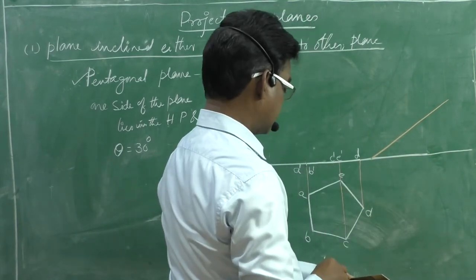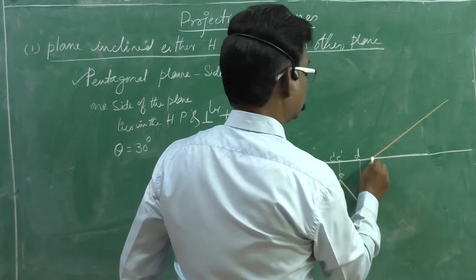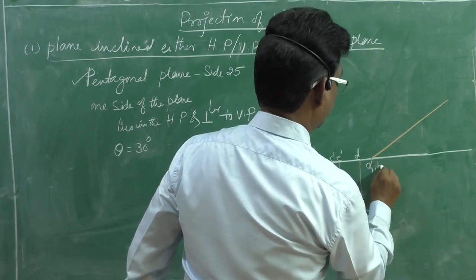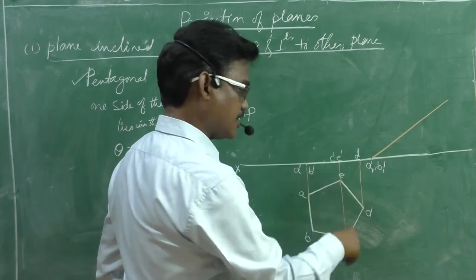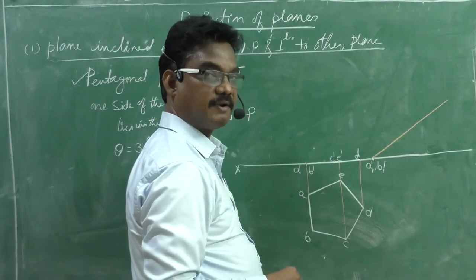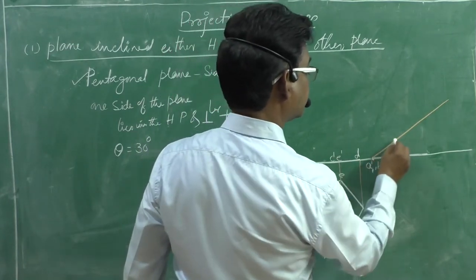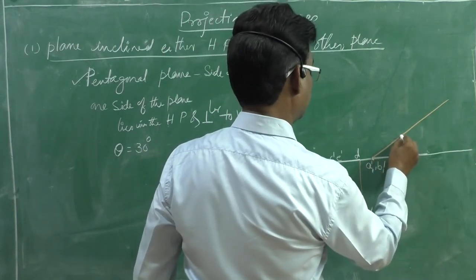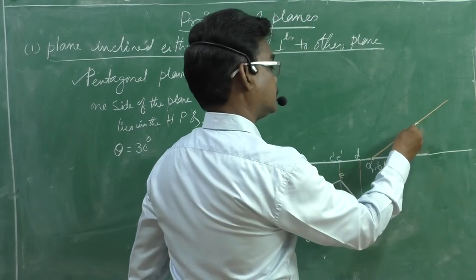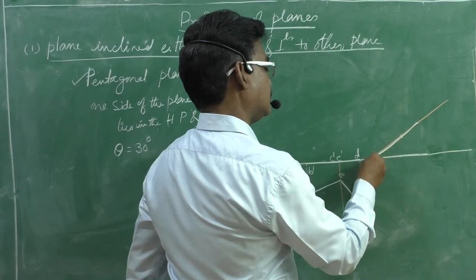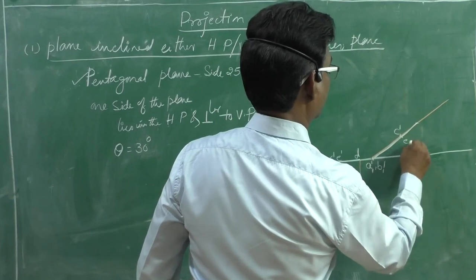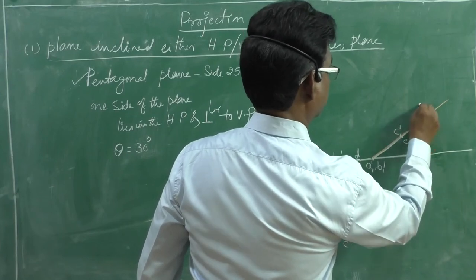This is the 30 degrees line. On this line, here A1 dash and B1 dash. This side is in the HP, therefore its front view projection coincides with the reference line. Next, this is C and this is D. This one is the required front view. C1 dash, E1 dash, D1 dash.